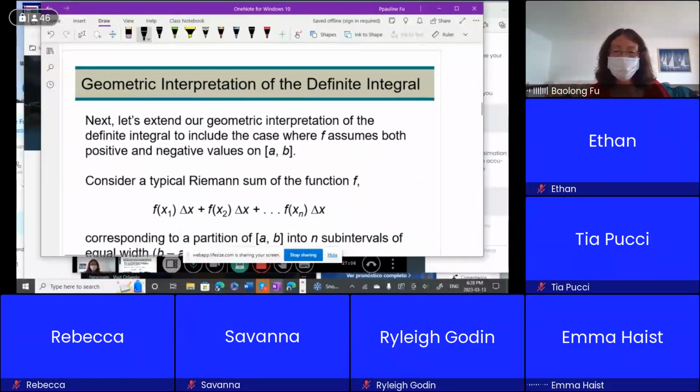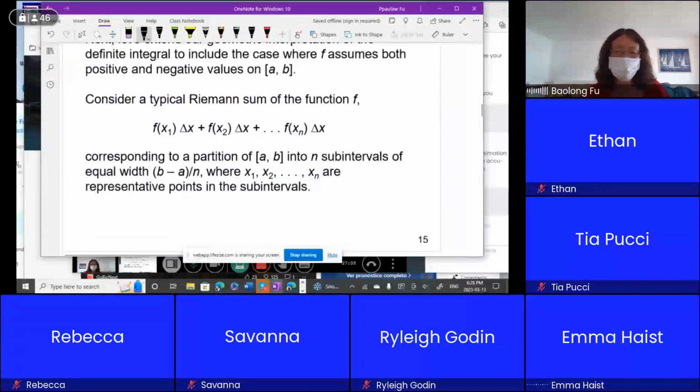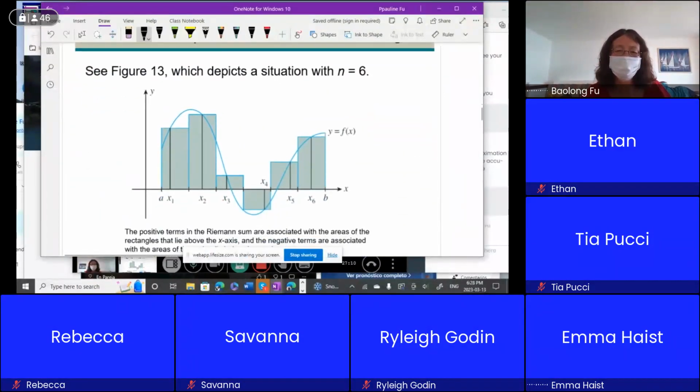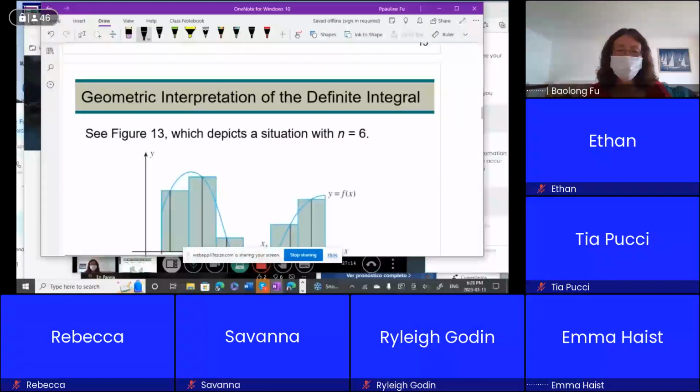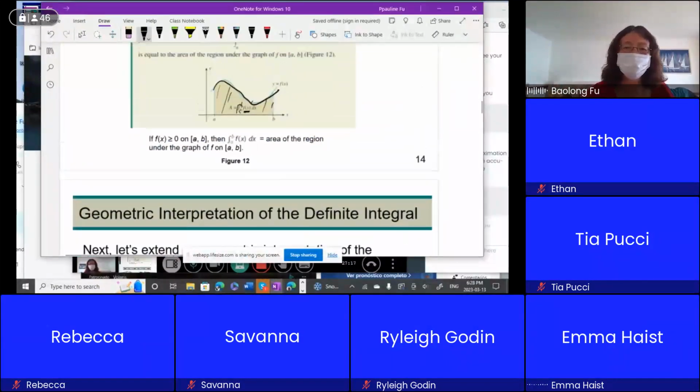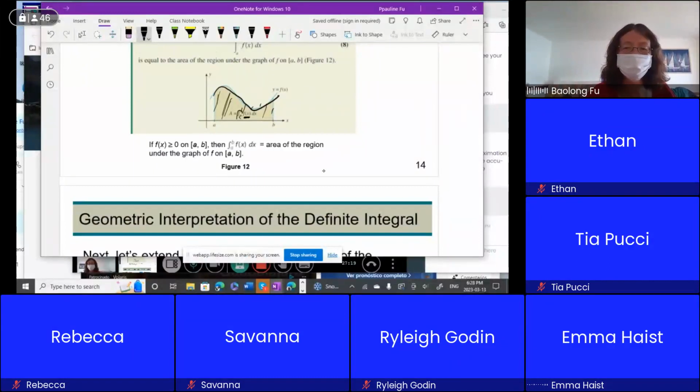The geometric interpretation of the definite integral is actually the area. We already did that. It is just the area under this curve.